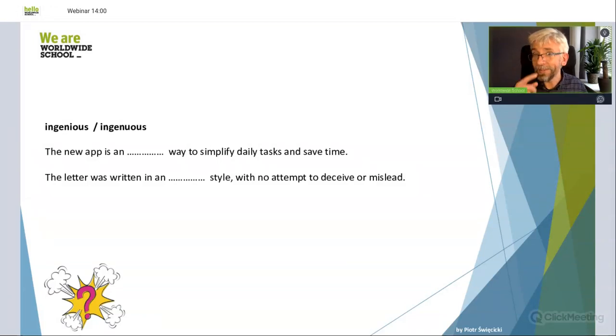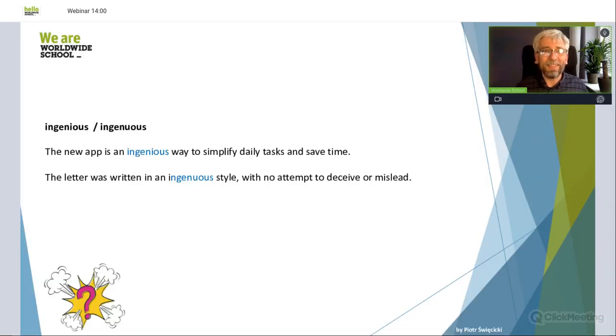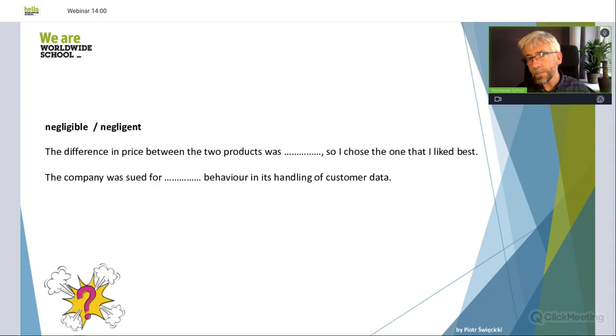Oh, good spelling. Some of you. Yes, ingenious way and ingenuous style. So the letter was written in an ingenuous style with no attempts to deceive or mislead. Just to remind you, ingenuous means prostoduszny, naive, negligible and negligent.